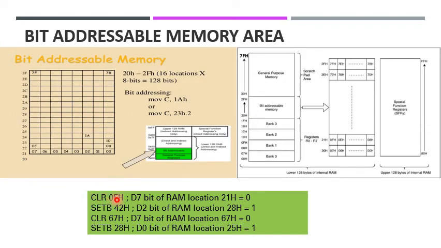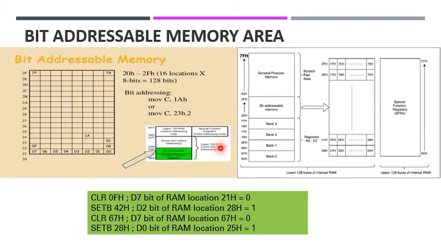Clear 0FH. What it is going to do is clear the D7 bit of RAM location 21H. Set bit 42H.